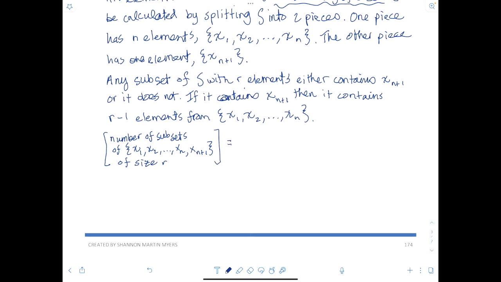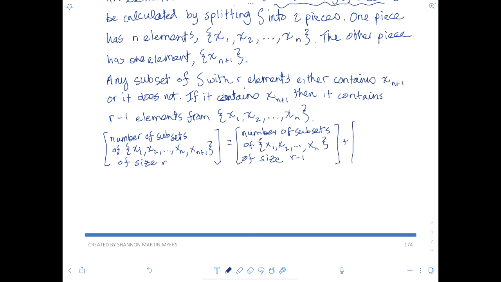And that has to equal the number of subsets of x1, x2, all the way down to xn, and that size has to be r minus 1, plus the number of subsets of x1, x2, all the way down to xn of size r.